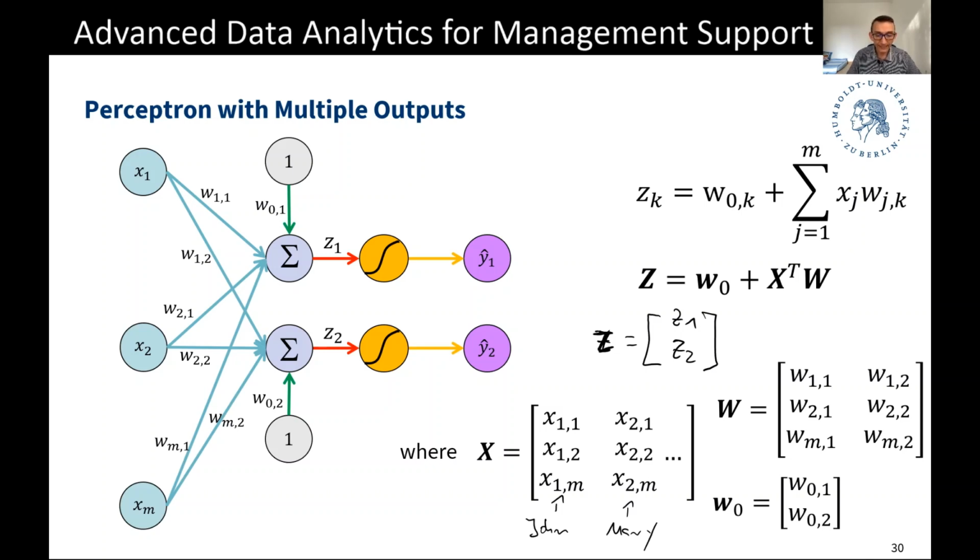And subsequently, we get the two outputs, y hat 1 and y hat 2, which could be, for example, in a multi-class problem where we deal with more than two different classes, the corresponding probabilities for one class and the other. So that is a perceptron with two outputs and two units in the hidden layer.